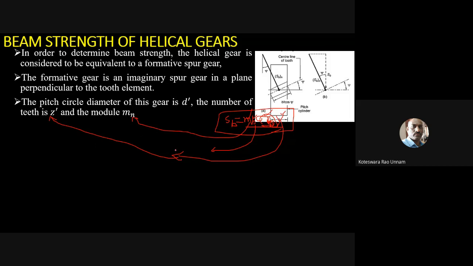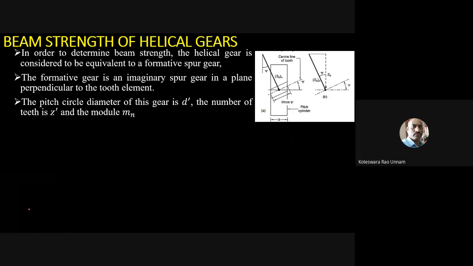So just by substituting the equivalent parameters of that virtual spur gear in the equation for beam strength of the spur gear, you will get the equation for beam strength of a helical gear.